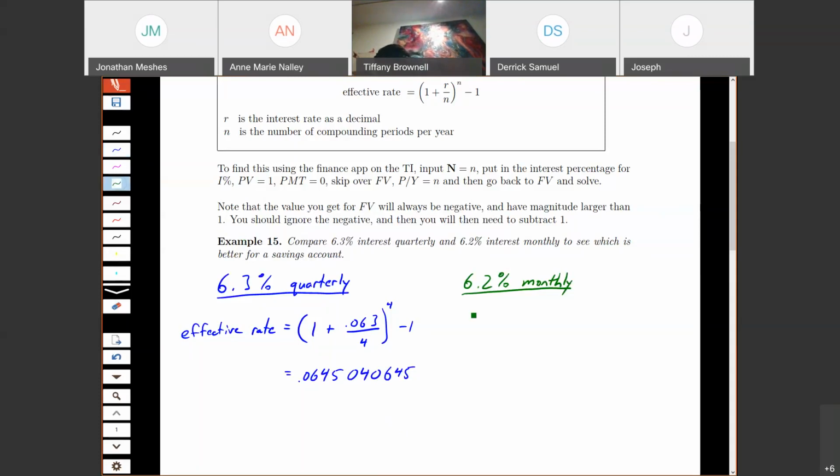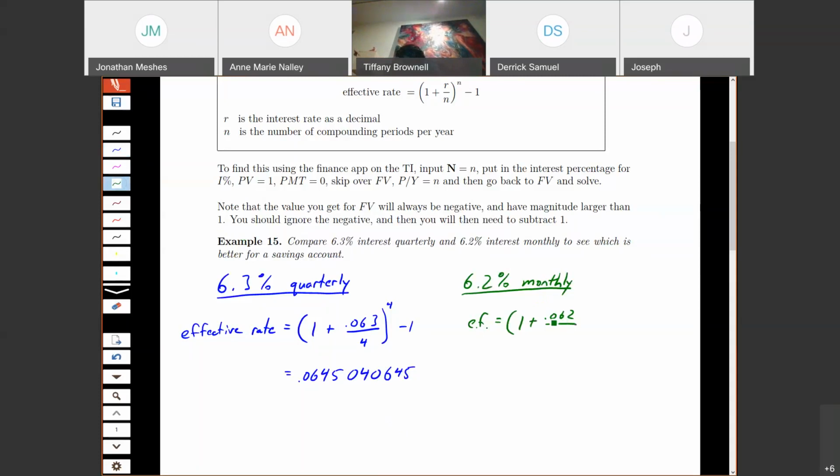Now let's look at the 6.2% monthly. So here my effective rate, I put in the 0.062 because it's 6.2% interest.